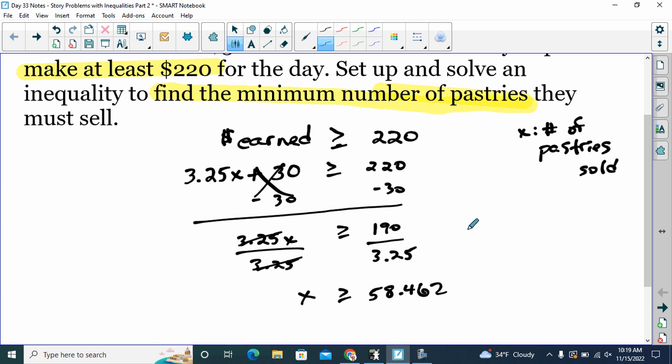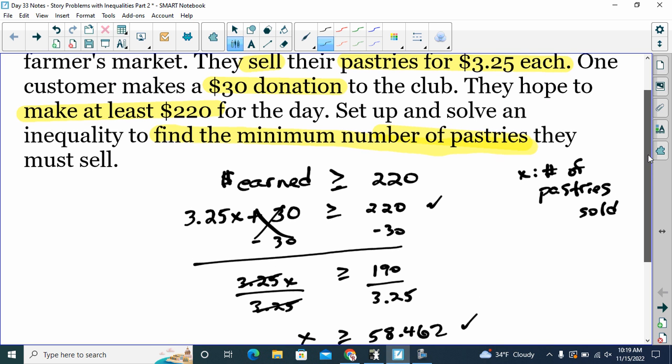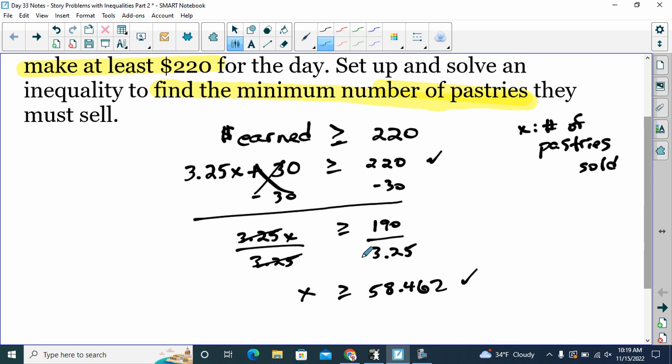So we have written an inequality, we did that here. We solved our inequality, we did that here. And now we need to find the minimum number of pastries they must sell. This is saying that x, the number of pastries they must sell, has to be greater than or equal to 58.462.